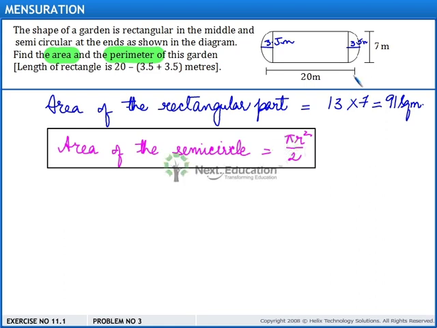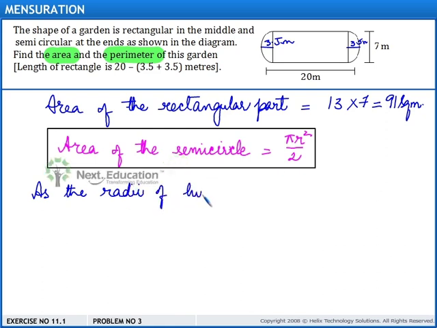And also the radii of the two semicircles are equal. Therefore we write here as the radii of two semicircles are equal.